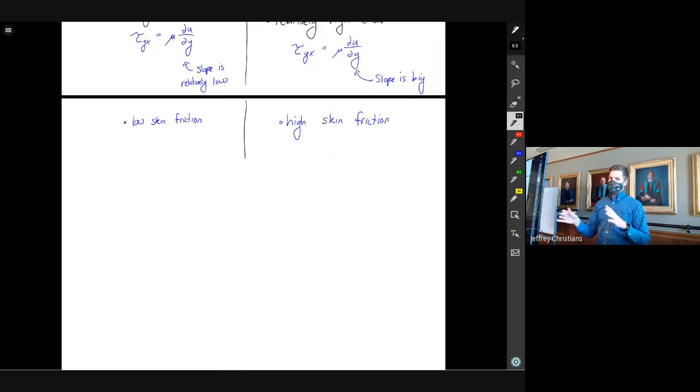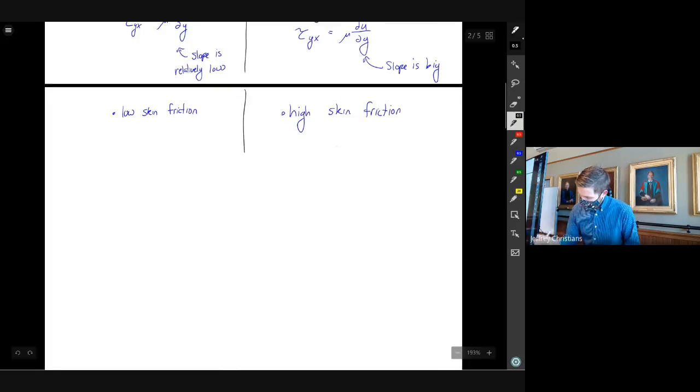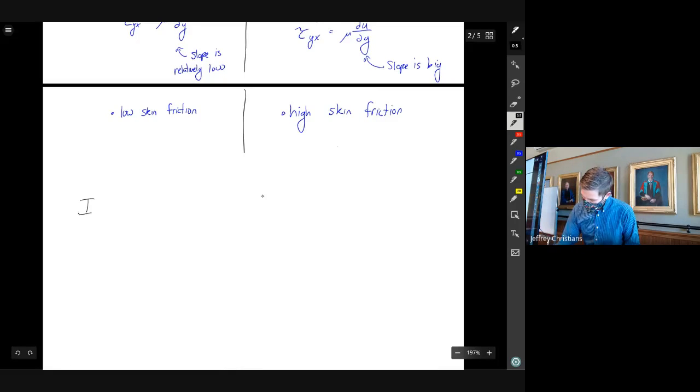So if we want to look at external flow, a lot of times we're interested in drag force, and there are two often competing effects at play. So in external flow, we have two types of drag.